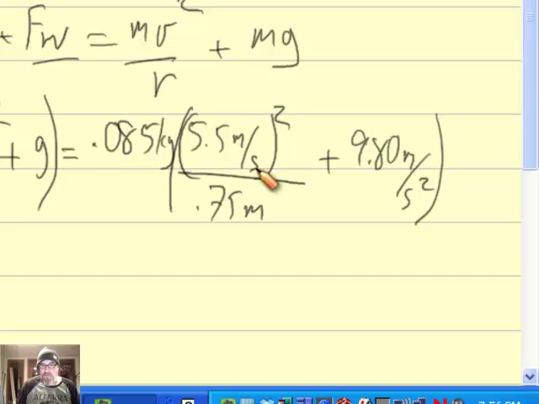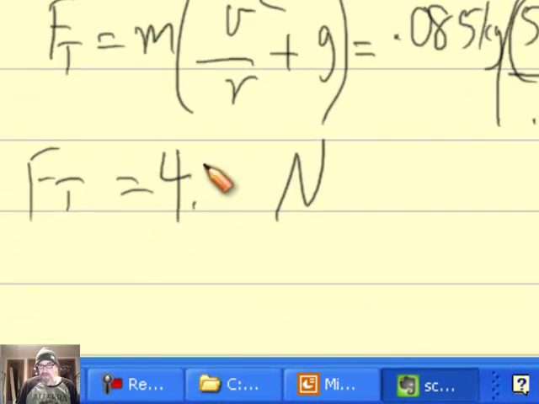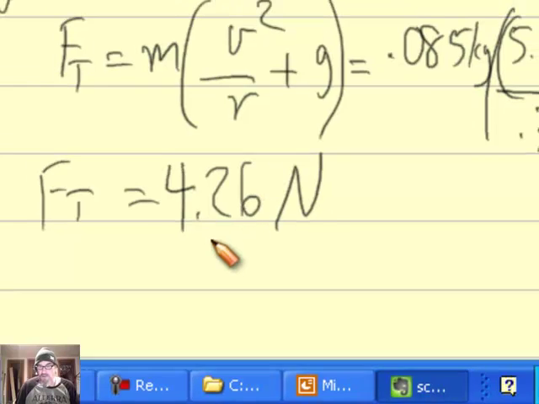Meters per second squared gives meters squared per second squared. If I cancel a meter out, I've got meters per second squared. When I add that to acceleration due to gravity, I have an acceleration. Meters per second squared times kilograms ends up being newtons. When you do the arithmetic, you find the answer is 4.26 newtons. So that's the tension in this object.